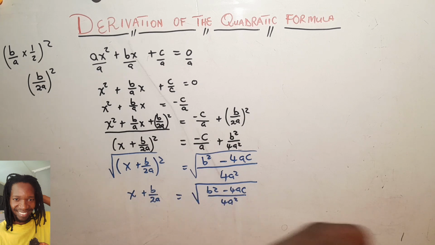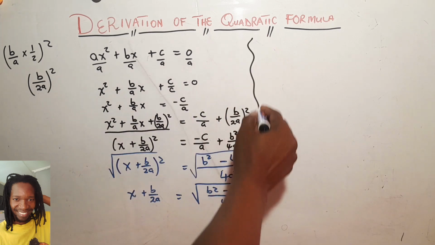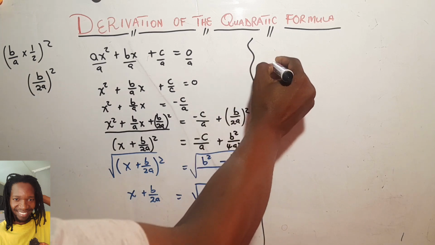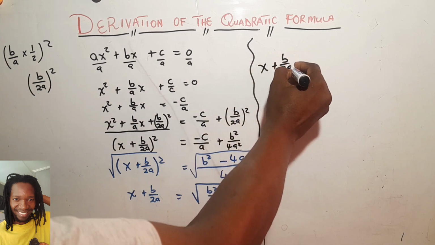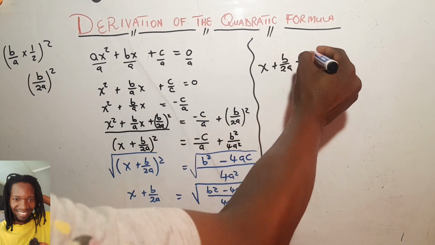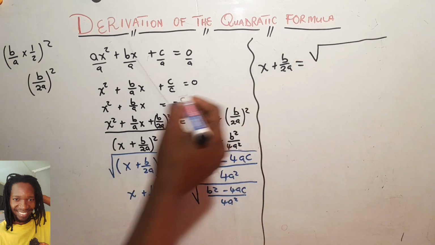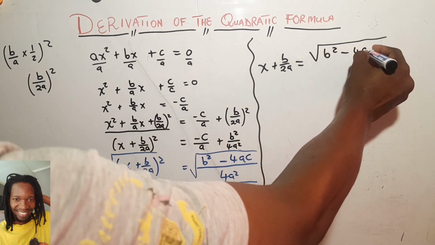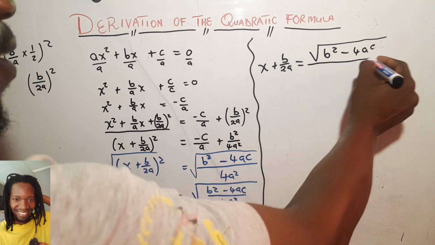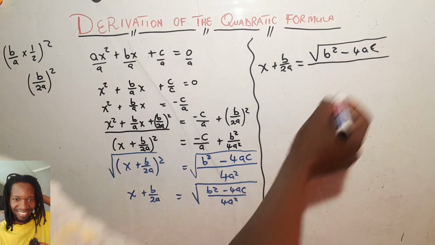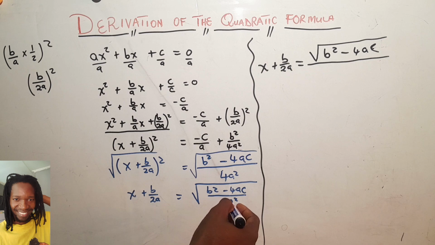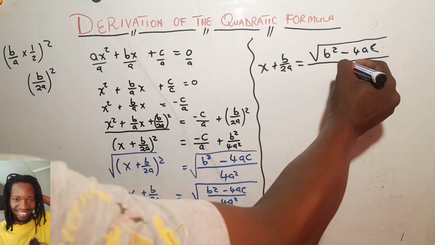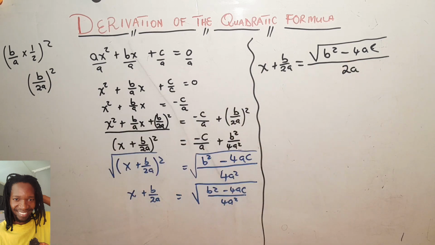So let's just finish it on the other side. So this will be x plus b over 2a being equivalent to, under the square root, b squared minus 4ac, and this right here has a square root, so the square root of 4a squared is just 2a.